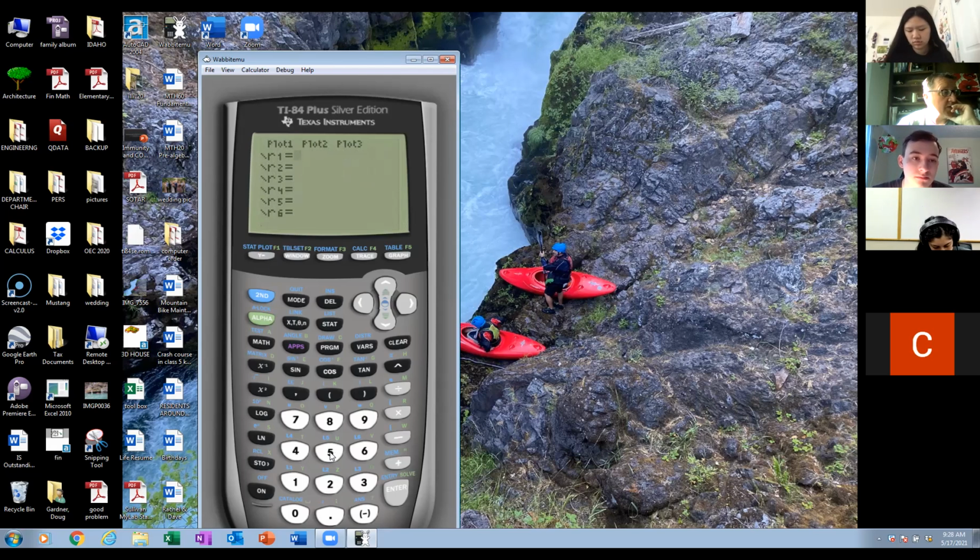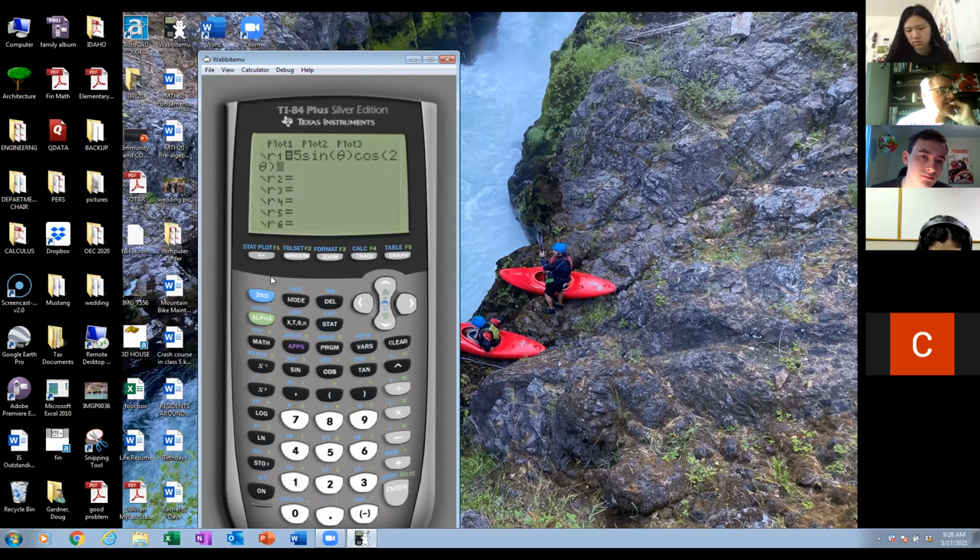So I'm just graphing the graph, which was 5 times the sine of theta, close that parenthesis, times the cosine of 2 theta, close that parenthesis.